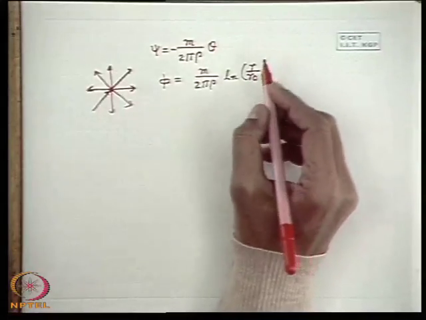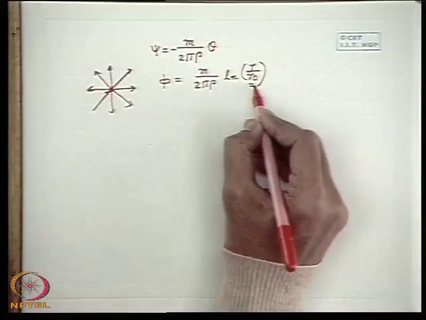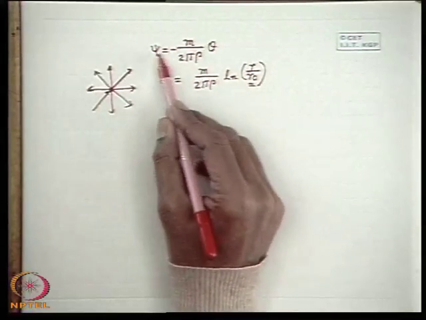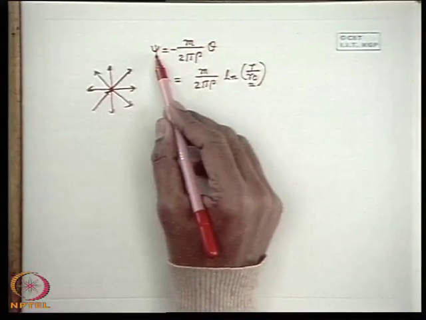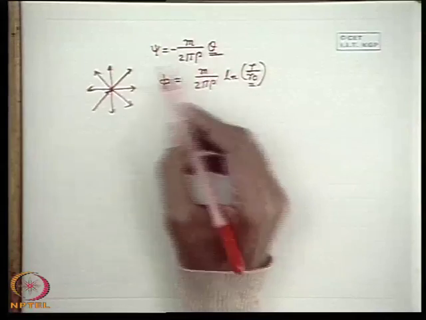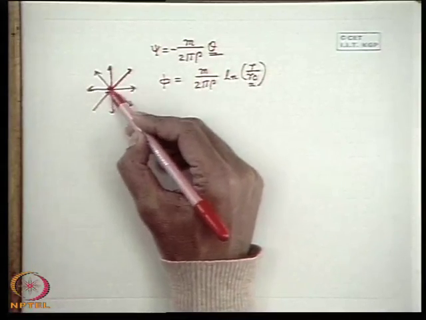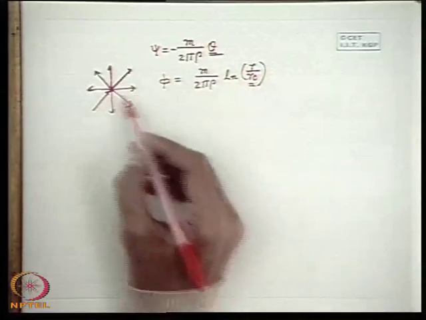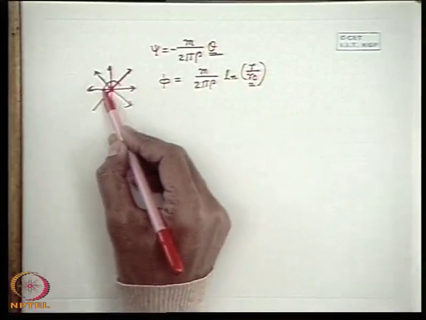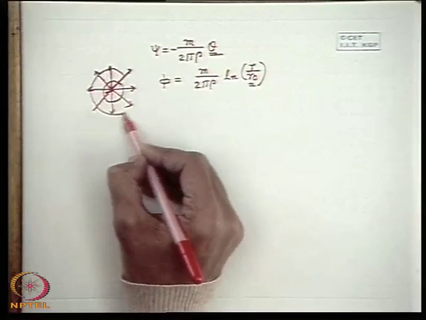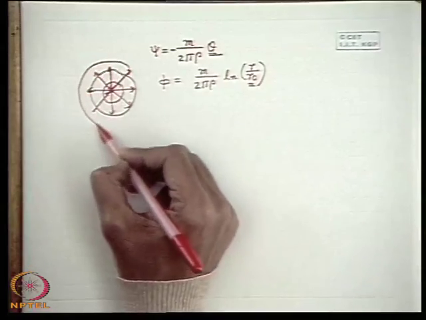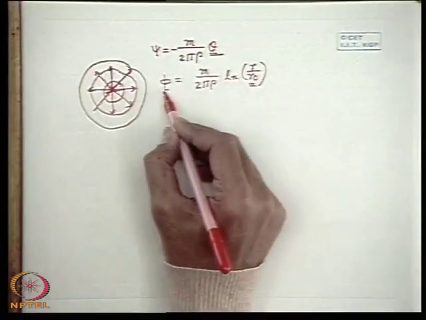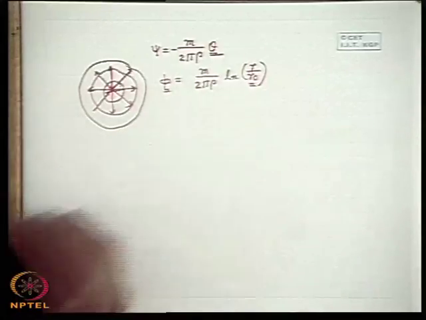So the constant psi lines, the streamlines, are where theta is constant, that means the radial lines. Similarly, equipotential lines are the lines where r is constant when phi is constant. So these are concentric circles. And r0 implies a radius where we have considered an arbitrary value of 0 for the phi function.